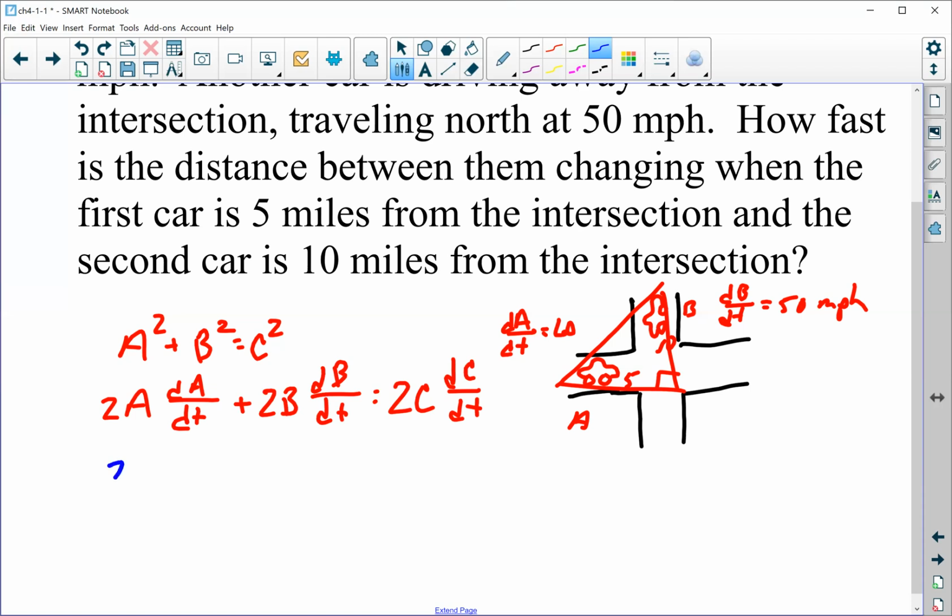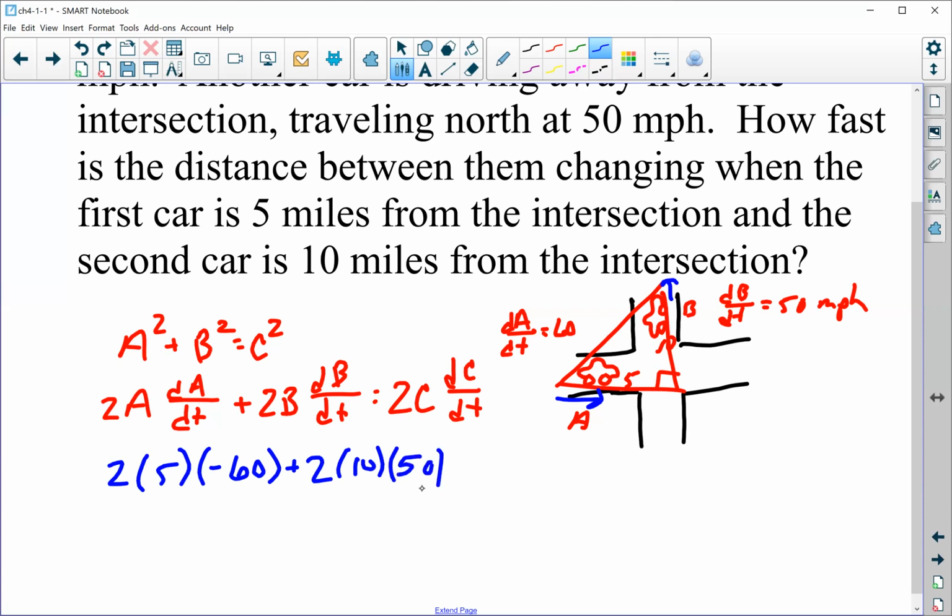The way the picture is drawn, A is 5. dA over dt is not 60 because the car is traveling east. That leg of that triangle is getting smaller, so the rate of change is negative. The other leg has a length of 10, and that car is moving away from the intersection, so that leg is getting larger.